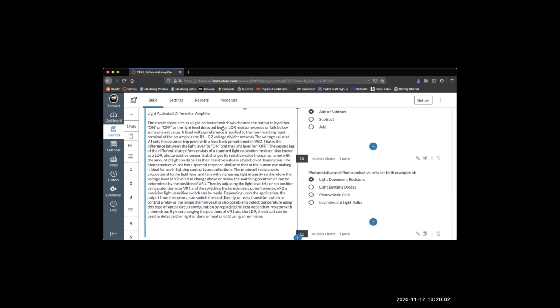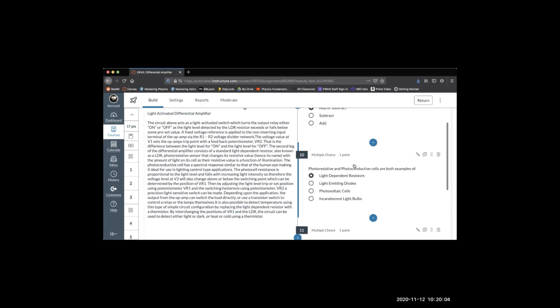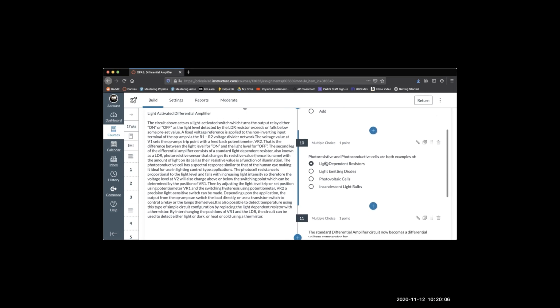Here's a thing about photoconductive cells that are resistors that are affected by light. Now, the reason why I wanted to bring that into this, resistors that are affected by light, is because when you learn enough electronics that you want to start building things that are useful, photosensitive circuits are fun to do.